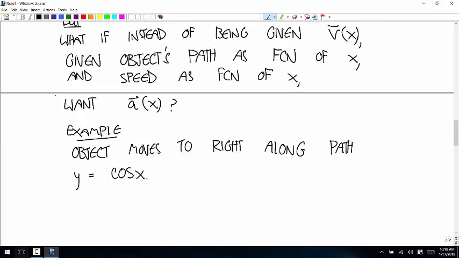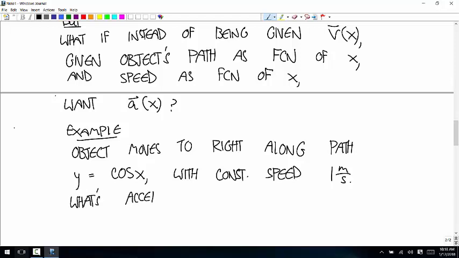And let's say the speed is constant, with a constant speed of 1 meter per second. What's the acceleration as a function of x?